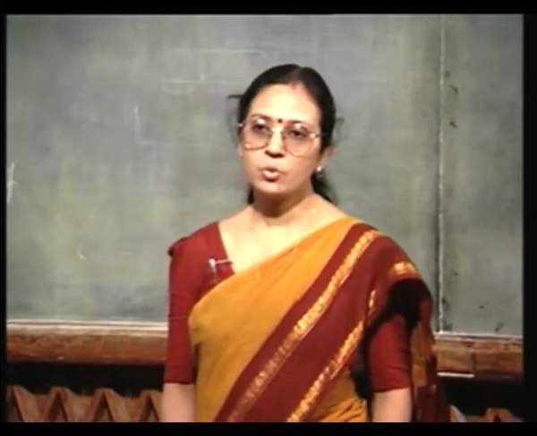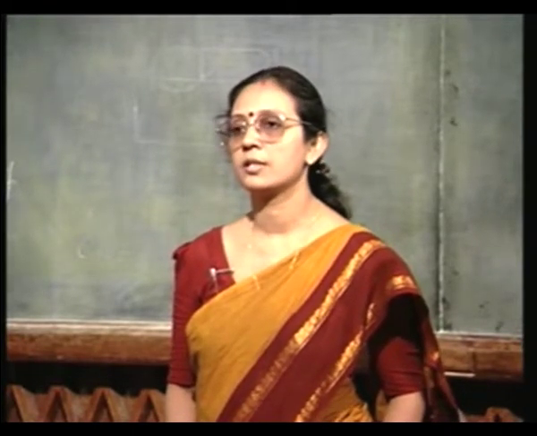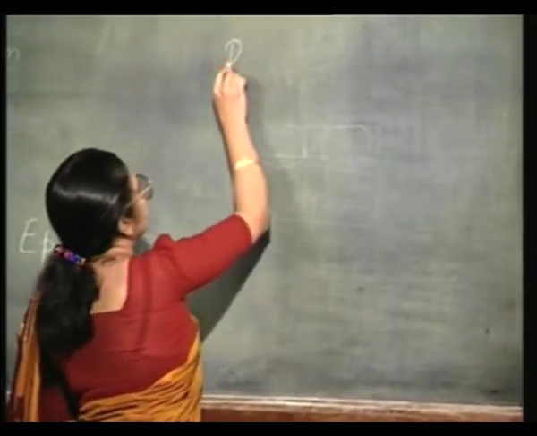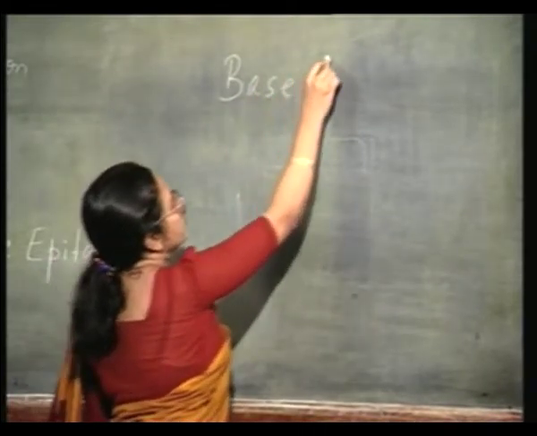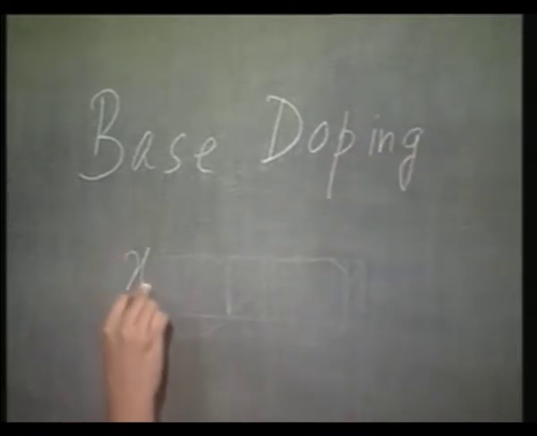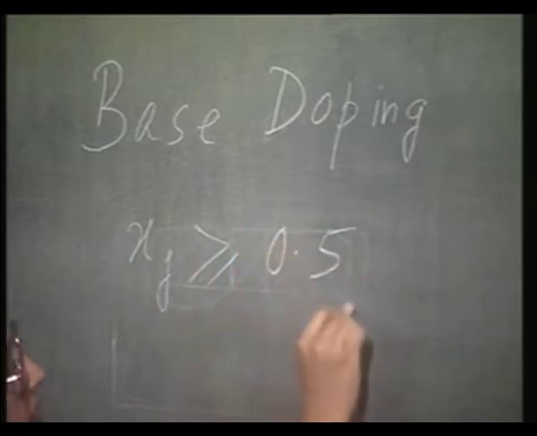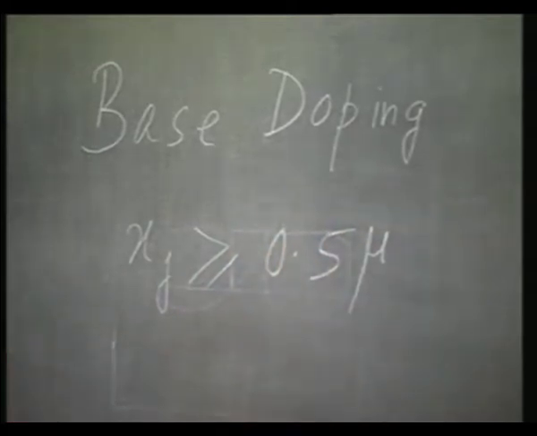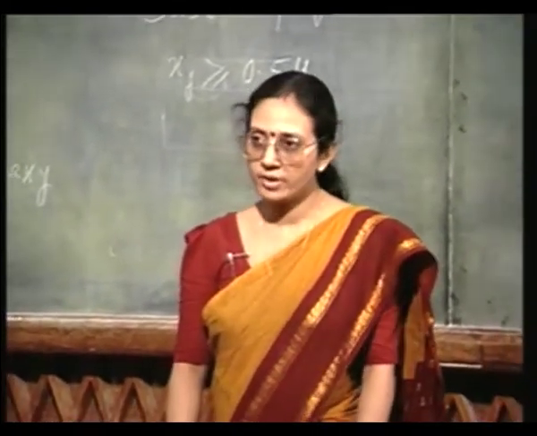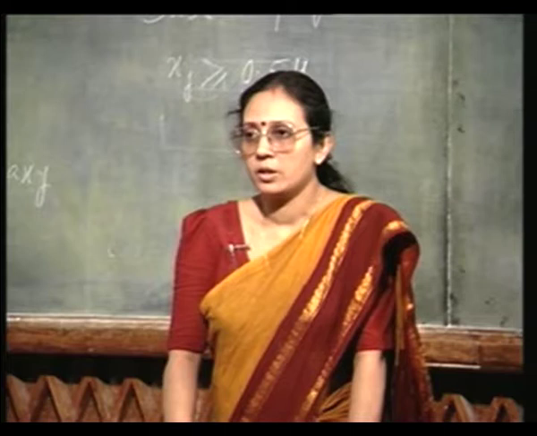If you want a junction with Xj greater than or equal to 0.5 micron, then you can use diffusion or you can use ion implantation.